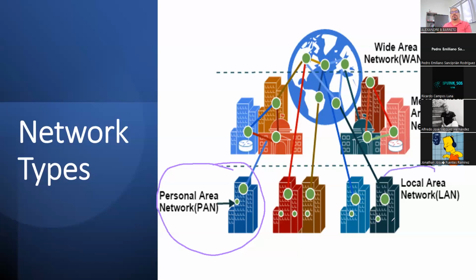Another type of network is a local area network. A local area network is a little bigger network that connects things in a small place, not to connect your own things, but to connect devices in a place. For example, in my office I have a local area network installed.